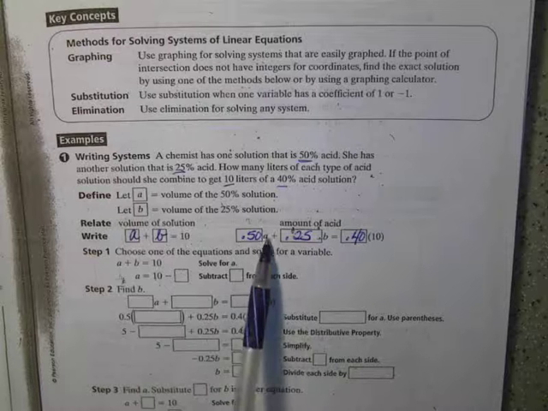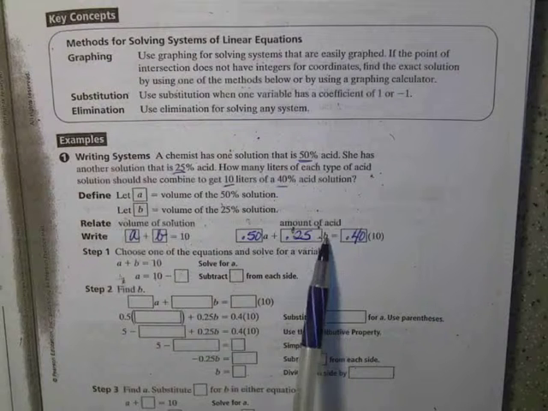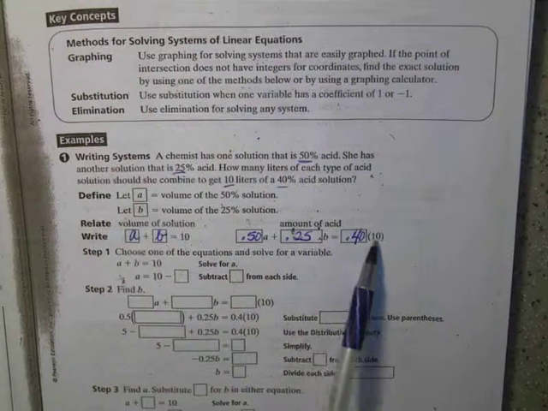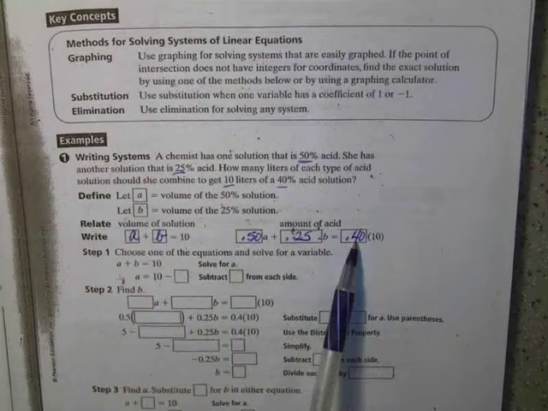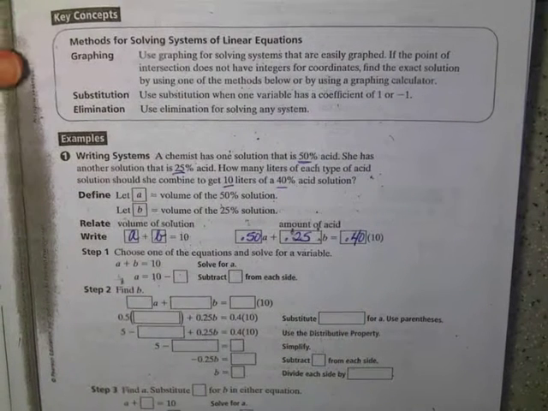So some amount of the 50% solution plus some amount of the 25% solution gives us 10 liters of a 40% solution. It pieces together like that.